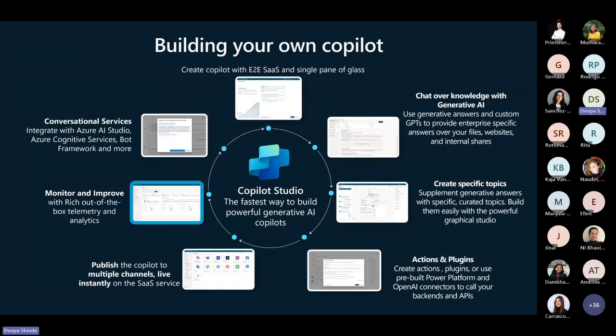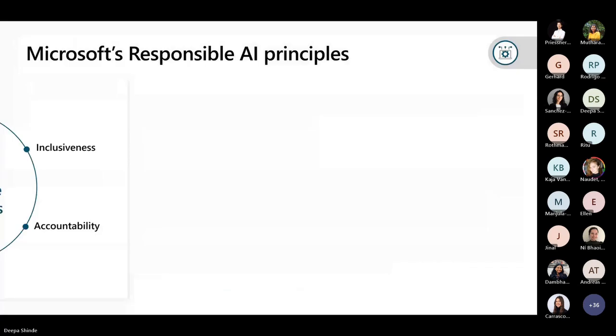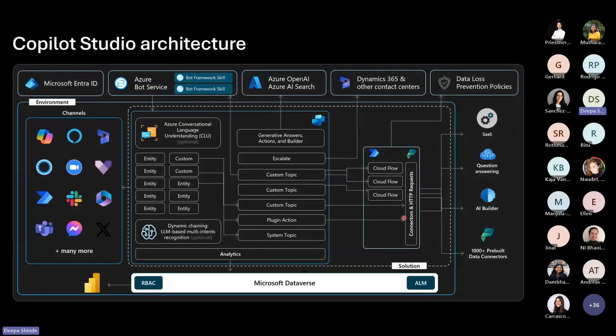So now what I would do is, again, there's a Copilot Studio architecture, which I think I have explained slightly, which is you build topics, you have actions, and together that becomes the core of your Copilot that you build through Copilot Studio. But you can also use something called language understanding.